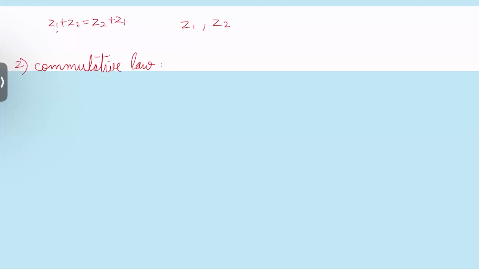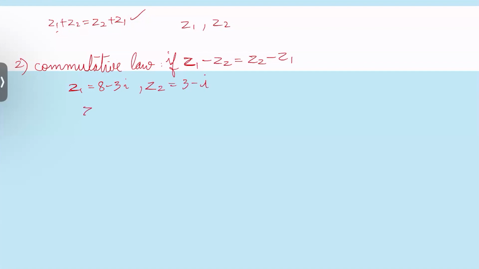No matter in which order you add the numbers, this was satisfied. Let's see if the same thing can happen when we are taking a difference. We will try to see if Z1 minus Z2 is equal to Z2 minus Z1. We are taking Z1 equals 8 minus 3i and Z2 equals 3 minus i.